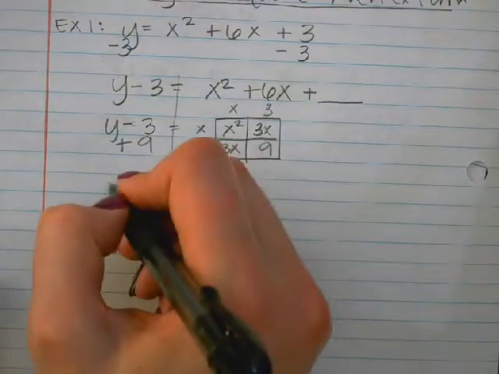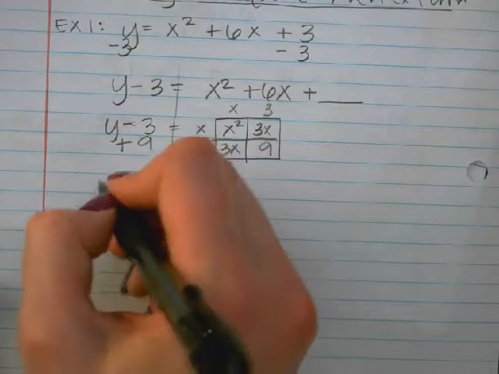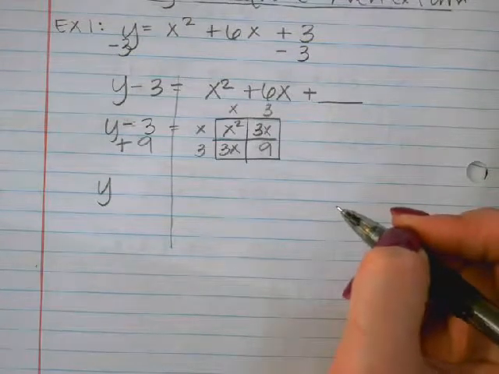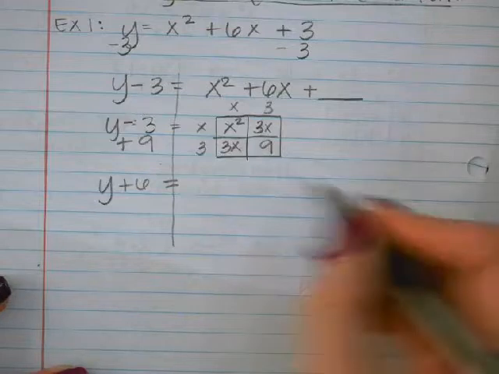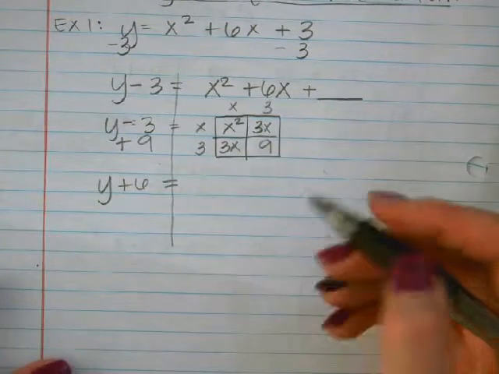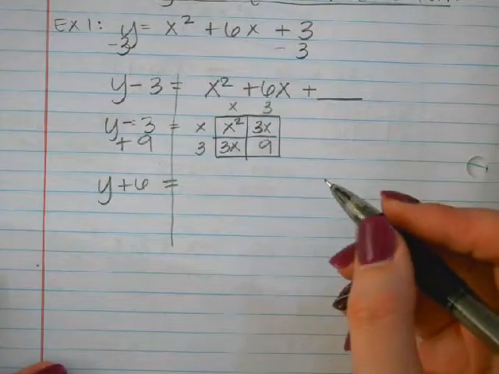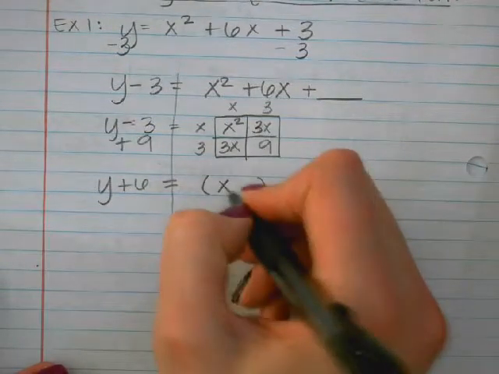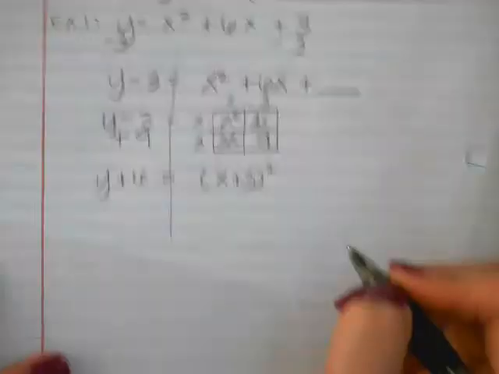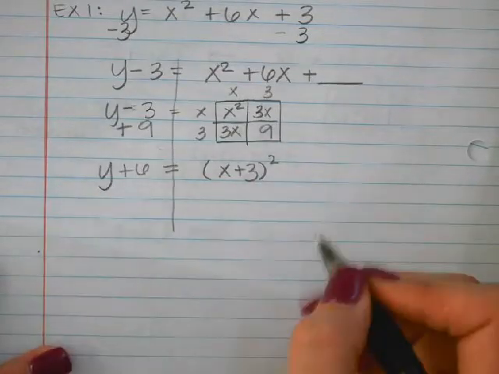So now on the left side, I have y, and then what's negative 3 and positive 9? 6. So I've got y plus 6 equals, and how can I write this side now that I've completed the square? X plus 3 squared. X plus 3 squared, okay. What do I do to get the y alone?